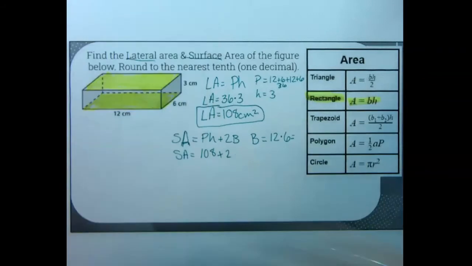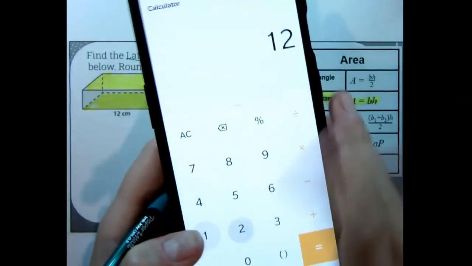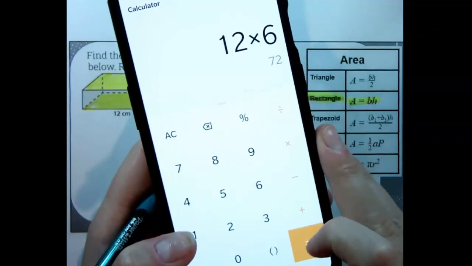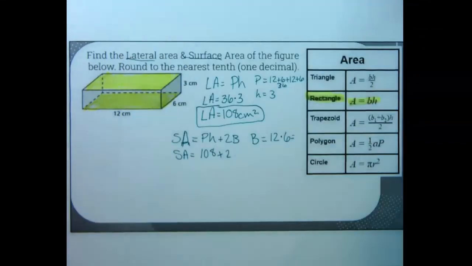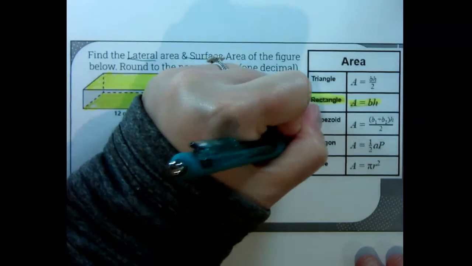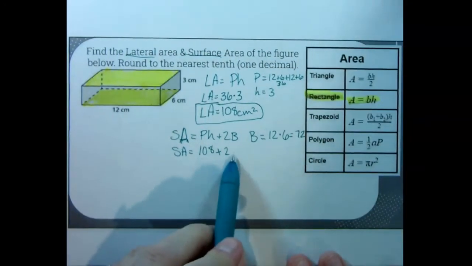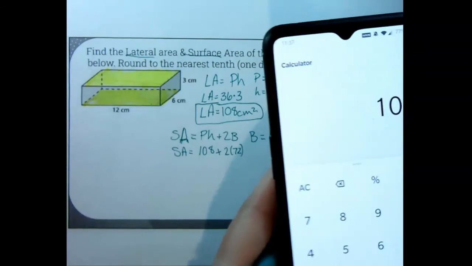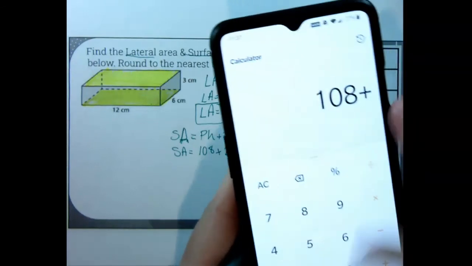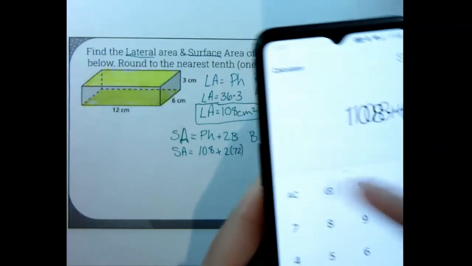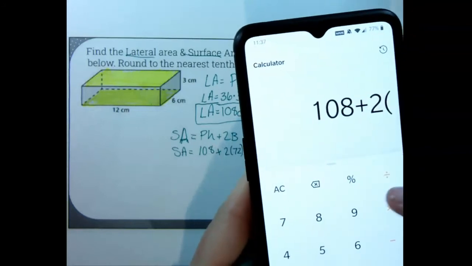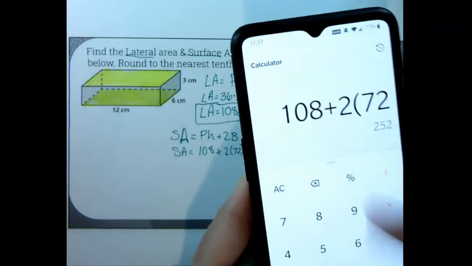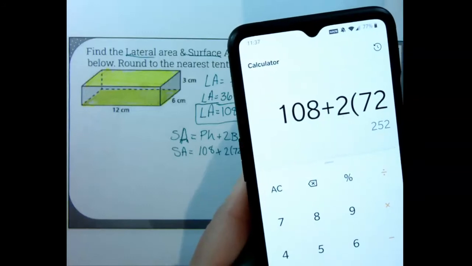So 12 times 6 is going to be 72. And that's what we plug in for our big B, or the area of our base. So I'm going to take 108 and I'm going to add it to 2 times 72.